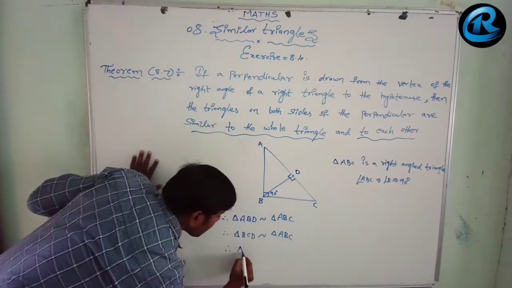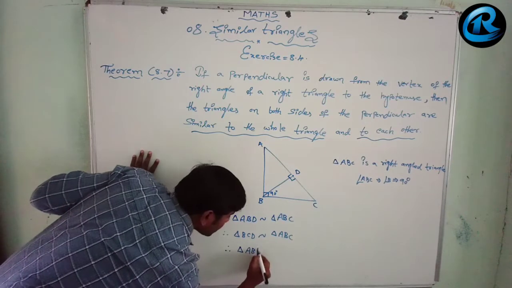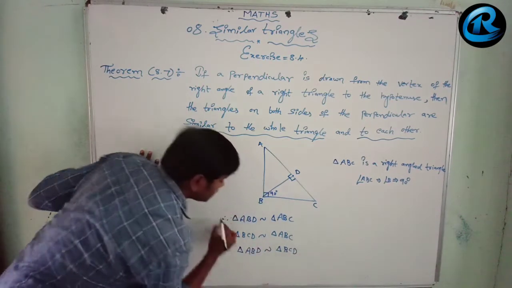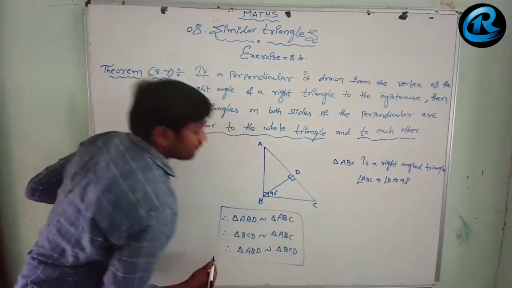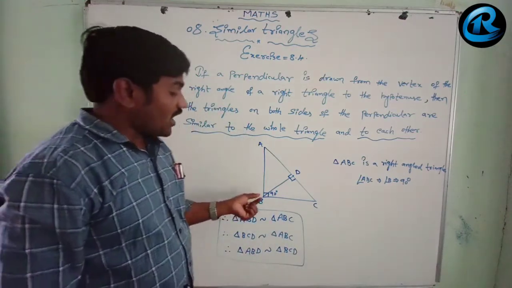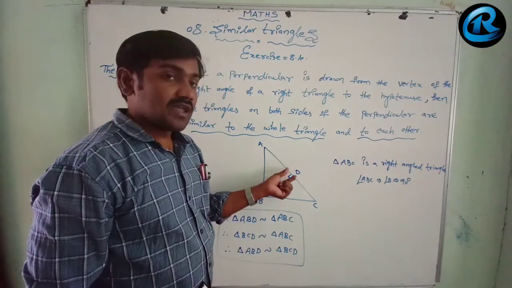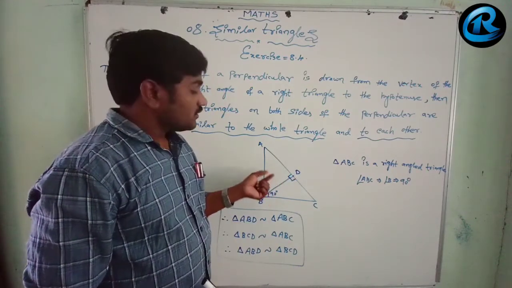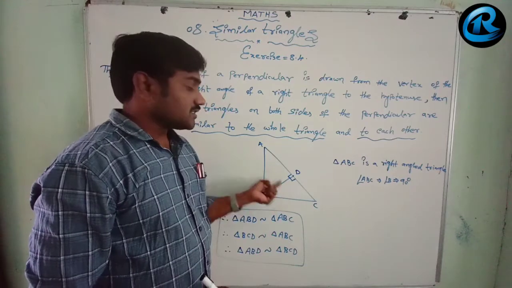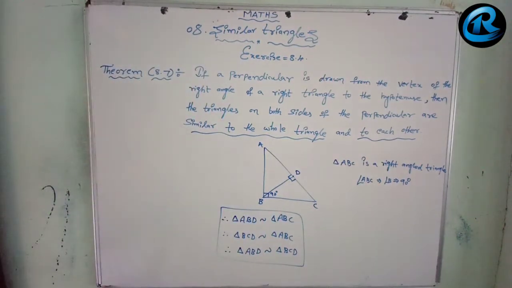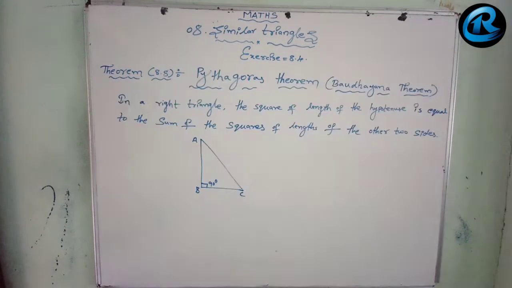That means triangle ABD is similar to triangle BCD. These three things happen when we draw a perpendicular from the right angle to the hypotenuse of a right angle triangle. The two triangles will be similar to the whole triangle and they are similar to each other also.